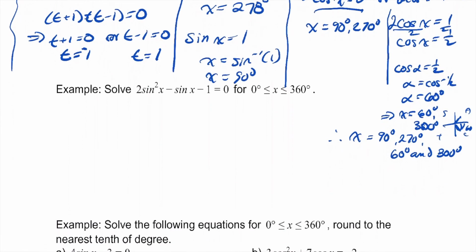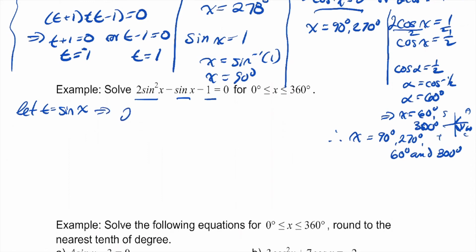Our next example again involves some factoring. This one looks a little more tricky to factor because it's a trinomial. So I might let t equal sine of x here. In this case, I get 2t squared minus t minus 1 is equal to 0.